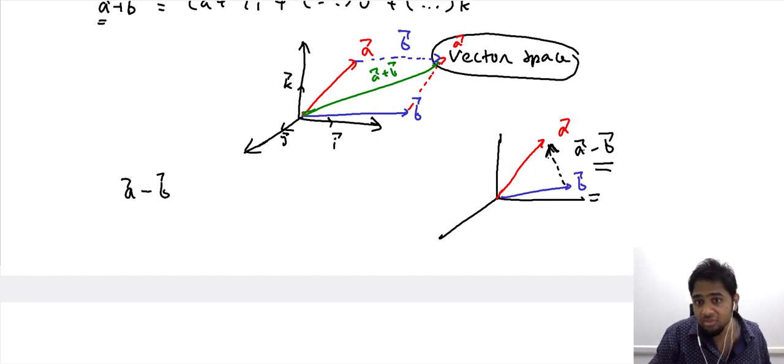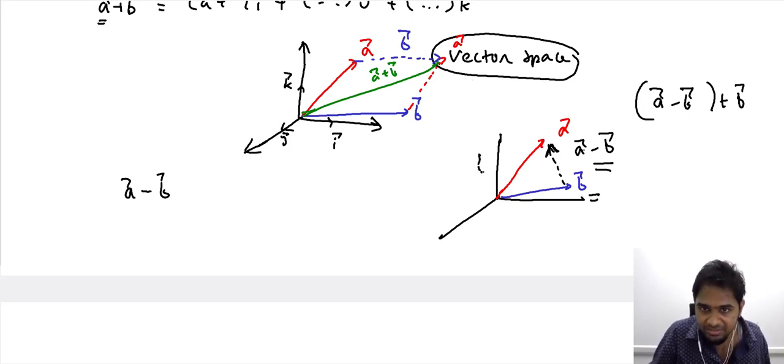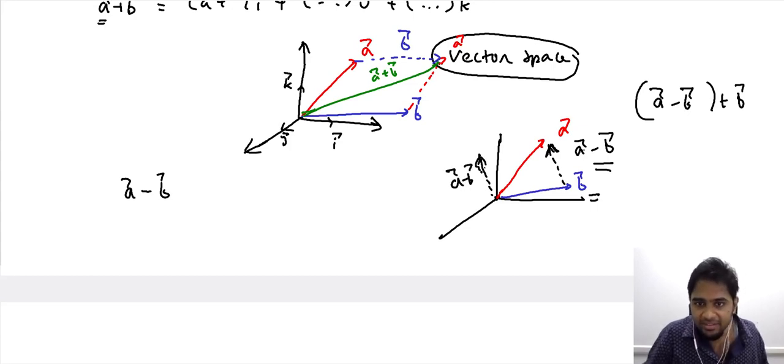The reason we are sure about this particular direction of the a minus b vector is that when you consider the summation of the a minus b vector and the b vector, we know how to graphically consider the summation of these 2 vectors. So a minus b vector can also be expressed as this. So this would be the A vector minus B vector. And now what we are doing is projecting it here, or tagging it here.